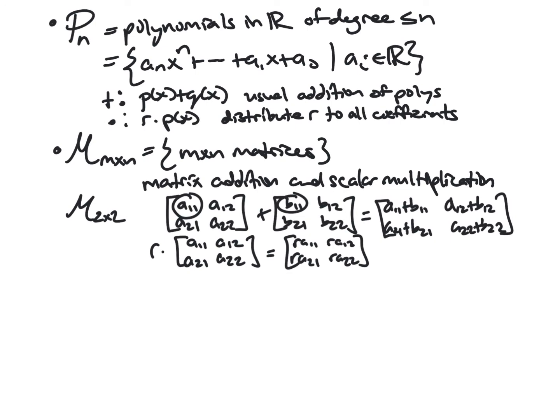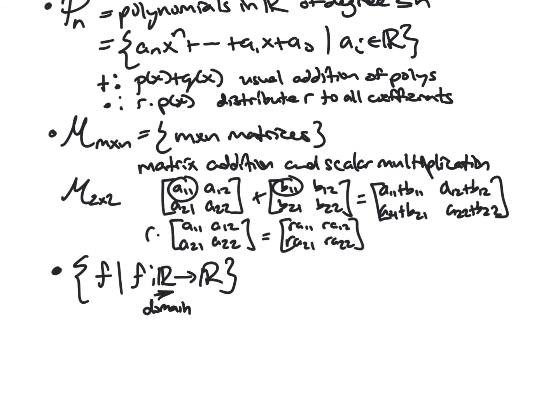Okay? So the penultimate one that we'll talk about here is the set of real valued functions, functions from R to R. So here, this just means your domain is all real numbers. You can't have anything like the natural log, for instance, that only takes in positive values, right? We want the domain to be all of the reals, and it has to spit out a real number, okay?